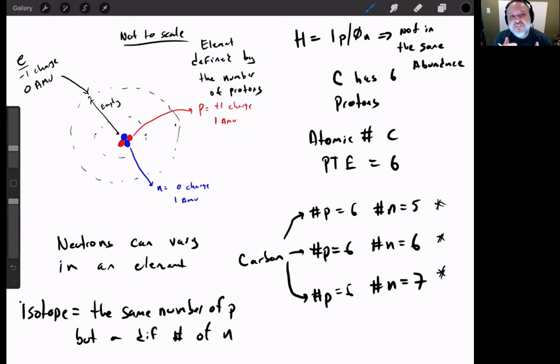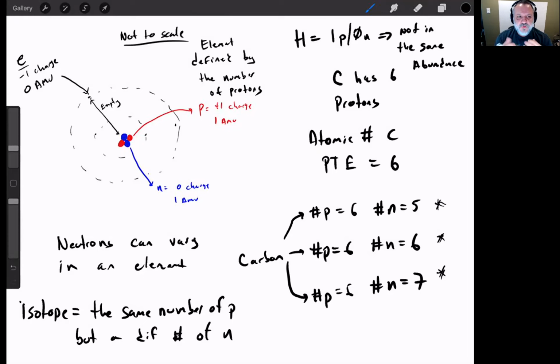In other words, briefly, 99.97% of all hydrogen is just protons, 0 neutrons. Another 0.02% of it is 1 proton, 1 neutron, and 0.001% is 1 proton, 3 neutrons. So it's a vast difference in the abundance, and we'll get to that a little bit more in a second.